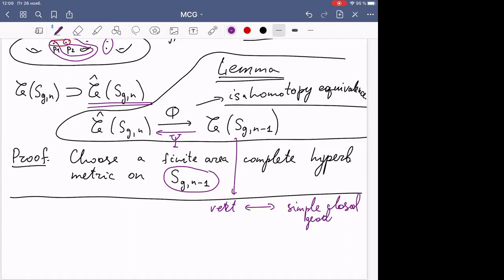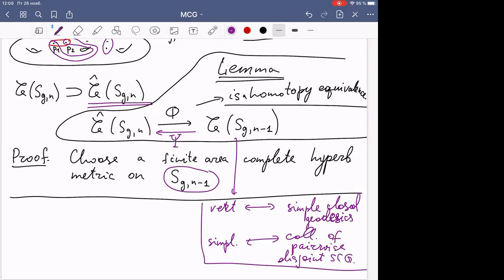So we do not need to think about isotopy anymore. Simplices correspond to collections of pairwise disjoint simple closed geodesics.